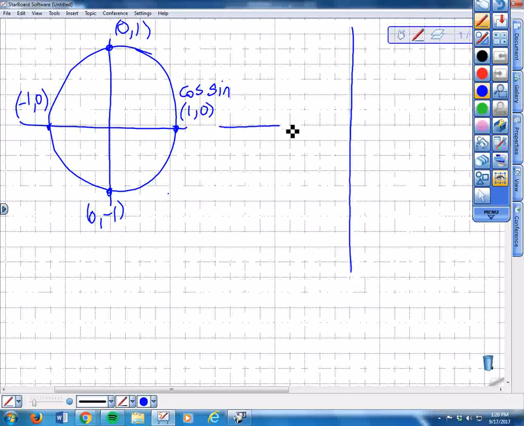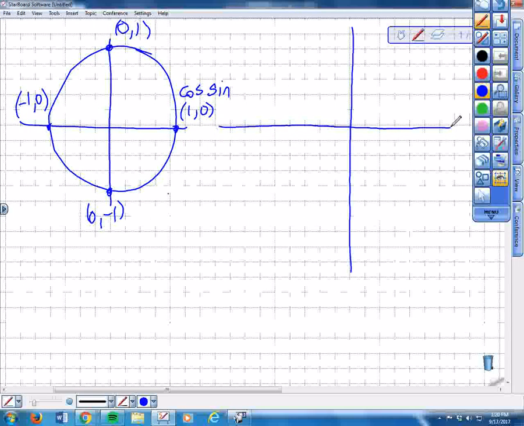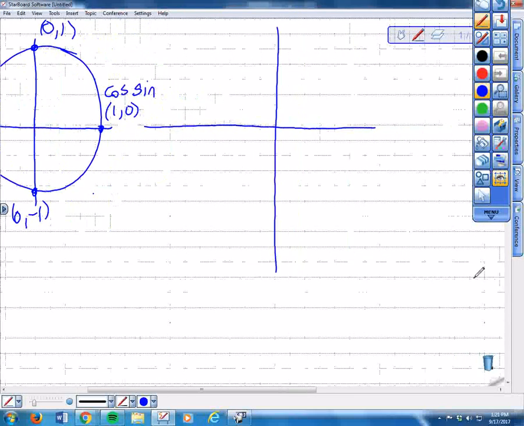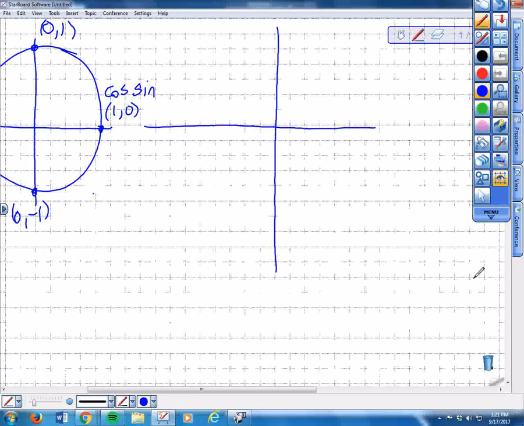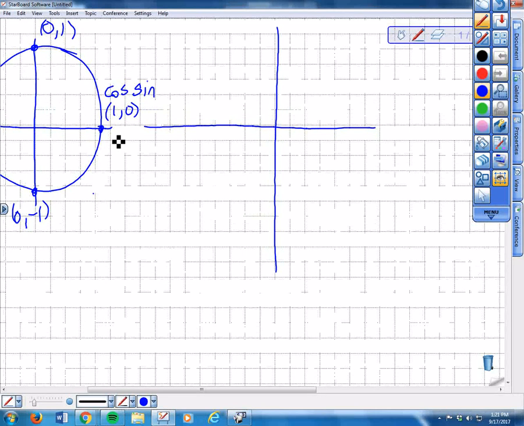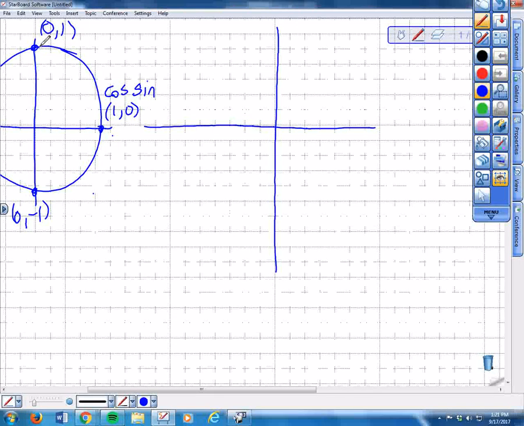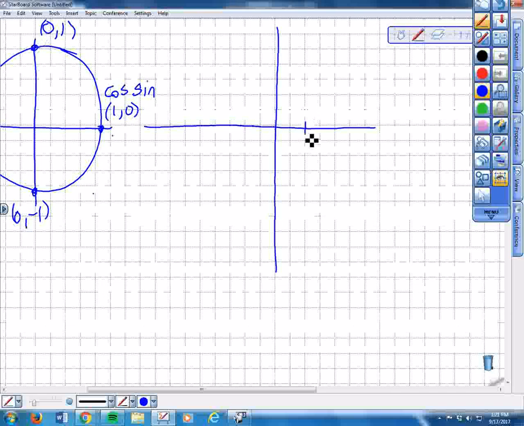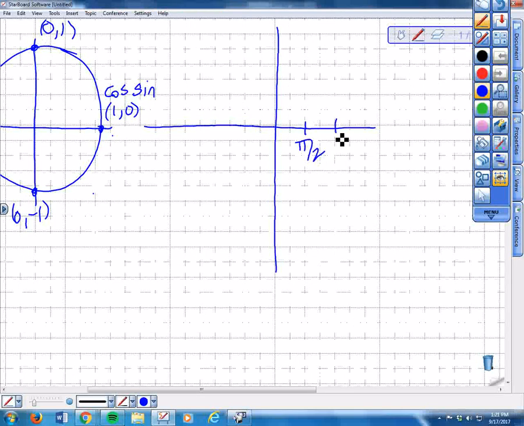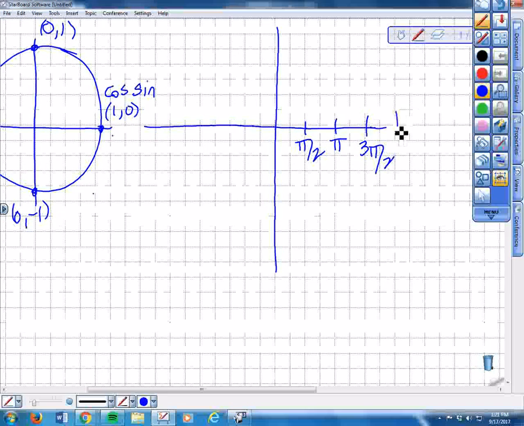Okay, so given that I've got this unit circle, if I were to actually draw an xy coordinate system, I'm going to try and match it up somewhat with the center of this circle. When you start with the sine, cosine, all of those graphs, you're just going to focus on 0, pi over 2, pi, 3 pi over 2, 2 pi on the positive side, and then the same thing on the negative. So pi over 2, pi, 3 pi over 2, and then 2 pi is here.